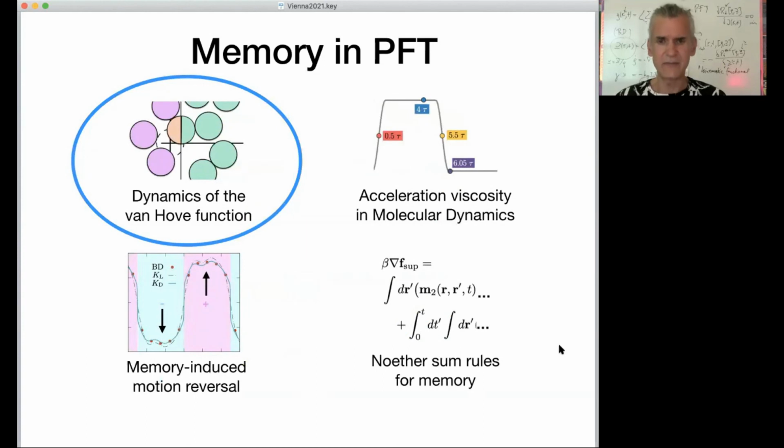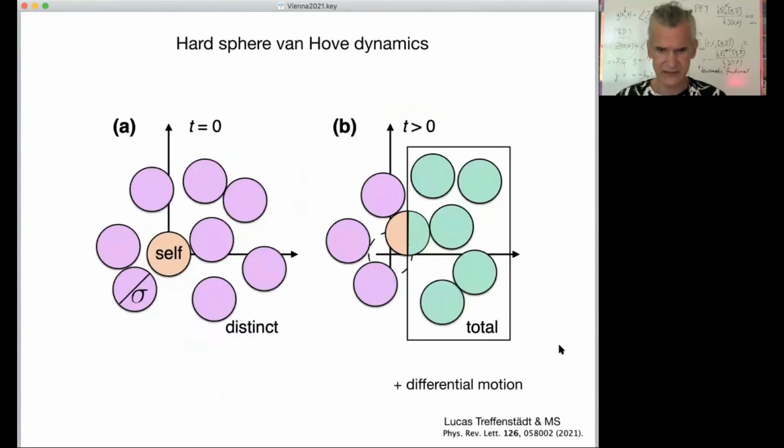So maybe 1 minute. This is now BD, and maybe some people aren't as interested in that as in the MD case, that's why I focused on MD. But we looked at the, it's an old problem. What is the Van Hove dynamics? Just microscopic two-body dynamics of a diffusing self-particle now in a quiescent liquid.